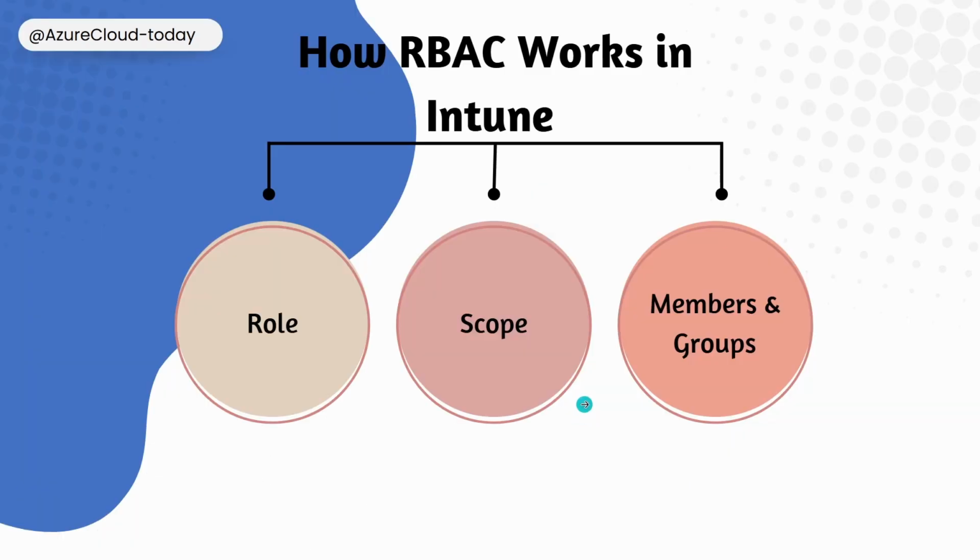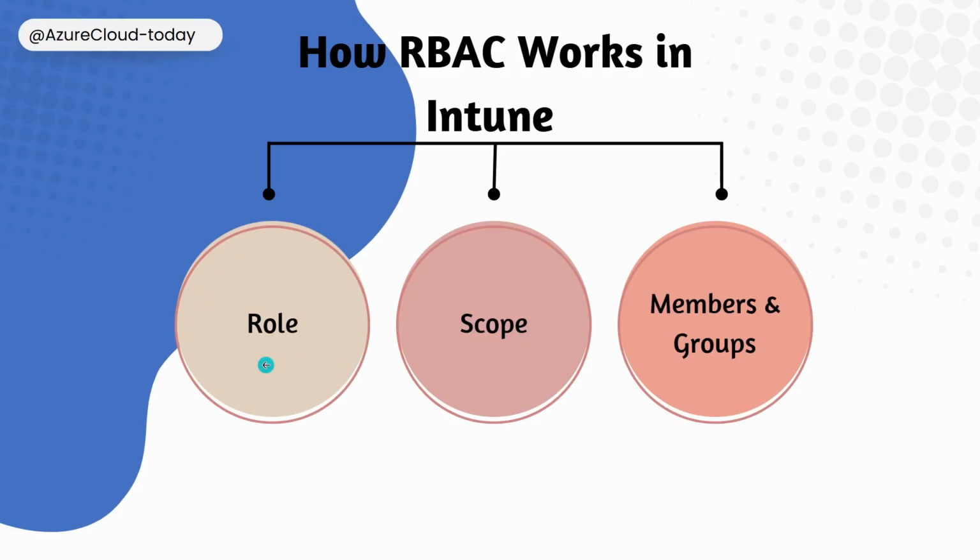How RBAC works in Microsoft Intune. There are three blocks over here: role, scope, then members and groups. RBAC in Microsoft Intune is built on three building blocks, and understanding these three is the key to understanding the entire system.